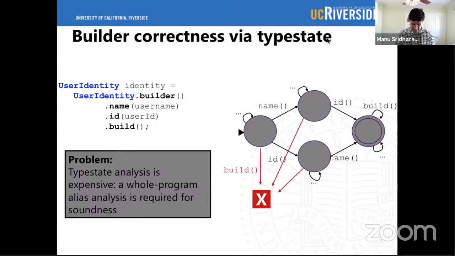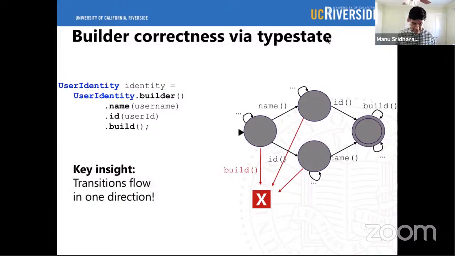But we had an insight about how this type state automaton looks. And the insight here is that the transitions only flow in one direction. So once you have a builder object that has reached the state where you can call build because you've invoked all the required methods, you never have a transition like this purple transition here, which takes you out of that state and therefore means you can't invoke build anymore.